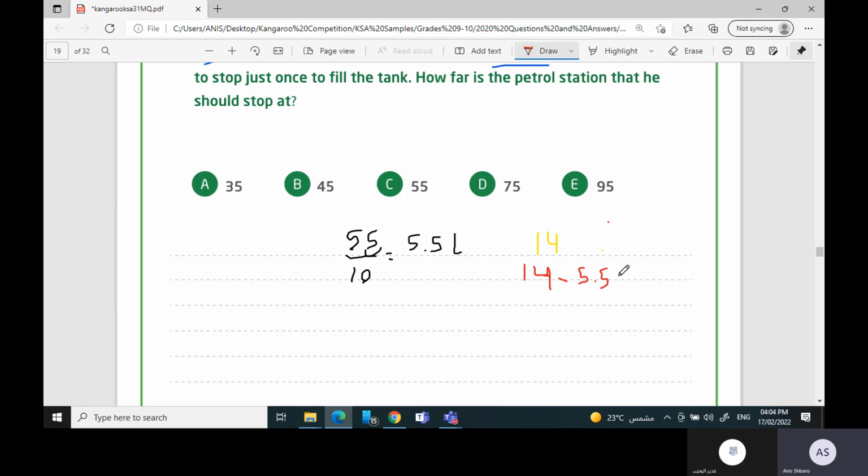How much is left? By simple mathematics, I can see clearly that he is left with only 8.5 liters. I'm going to write "left" to use this quantity later.